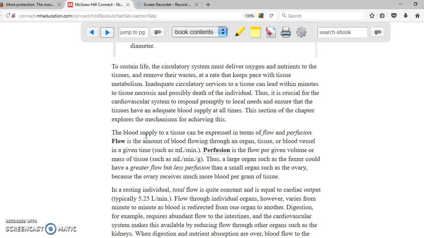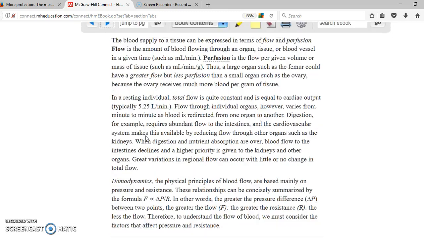Why? Because the femur is big, so therefore the amount of perfusion is going to be less. So you have the same amount of blood, same flow, 5 liters in the ovaries and in the bone, but the amount of perfusion is going to be less in the femur and the bone than in the ovaries. So that's what perfusion is.